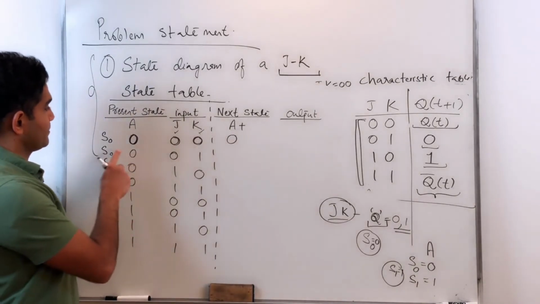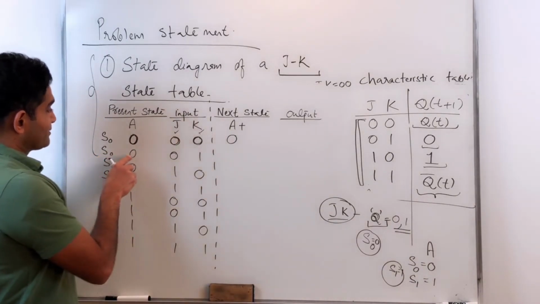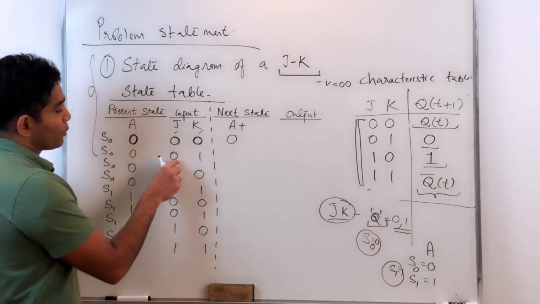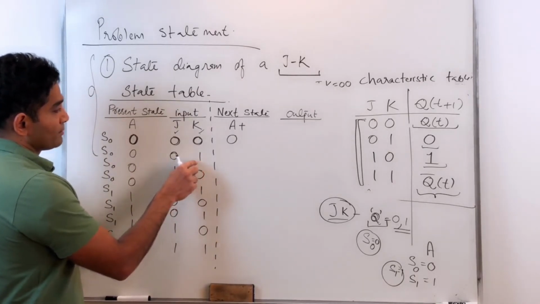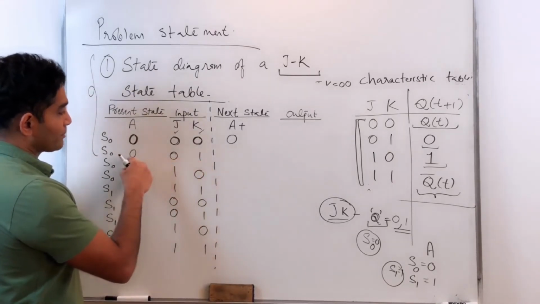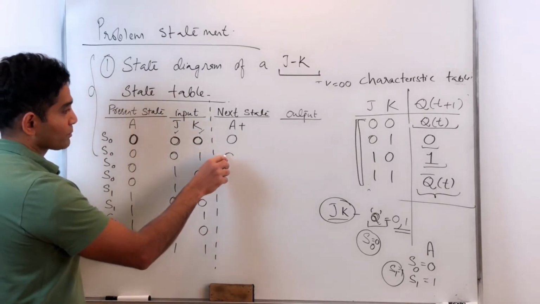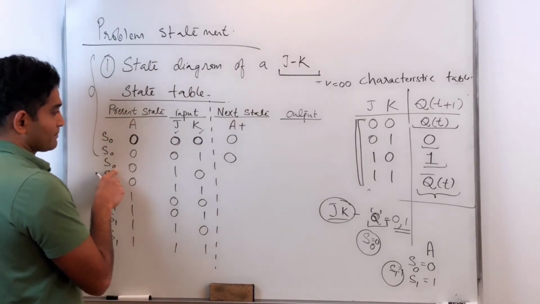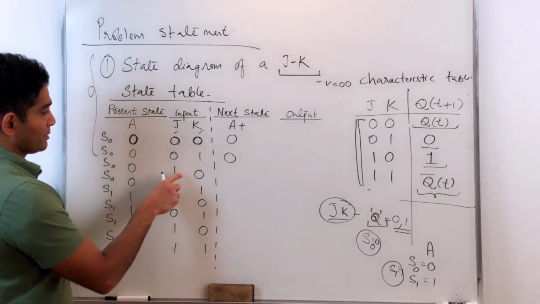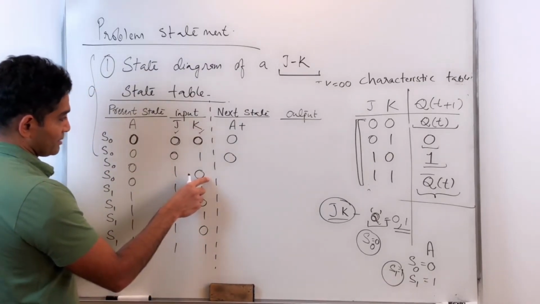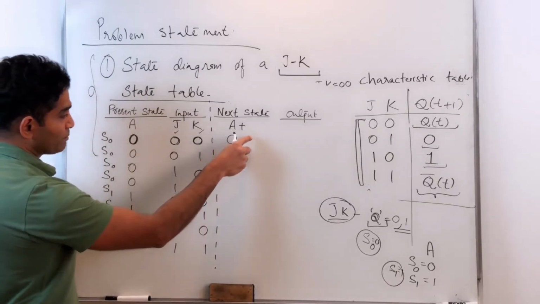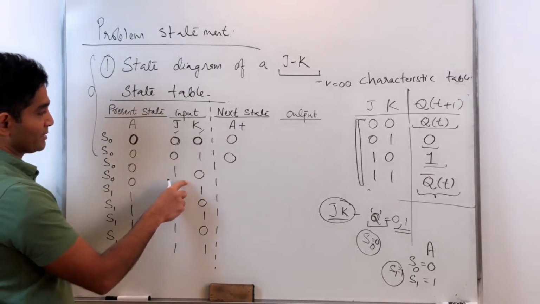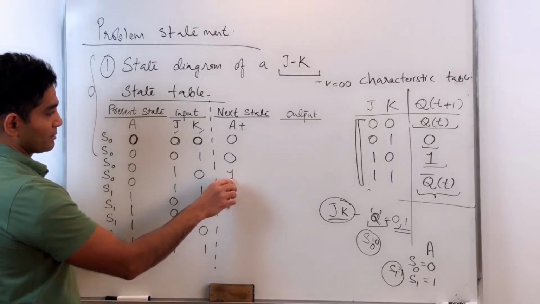Yes. Now, if I'm in a 0 state, 0, 1 occurs. That's the reset state, so I remain in the same state, so that's also 0. If I'm in a 0 state, input of 1, 0 occurs, my next state would be 1, because that's the set state. That's going to be 1.